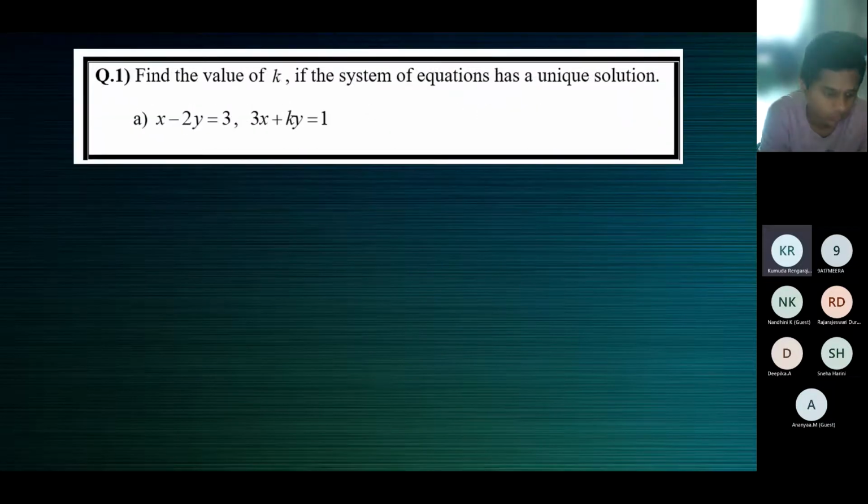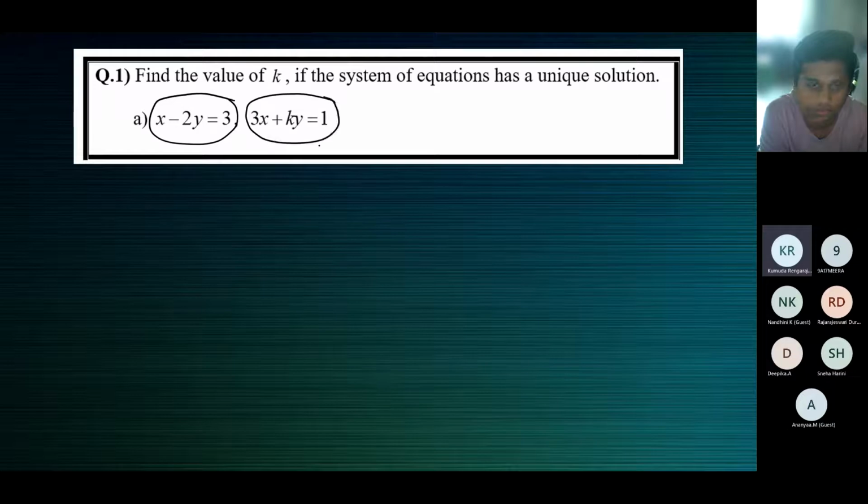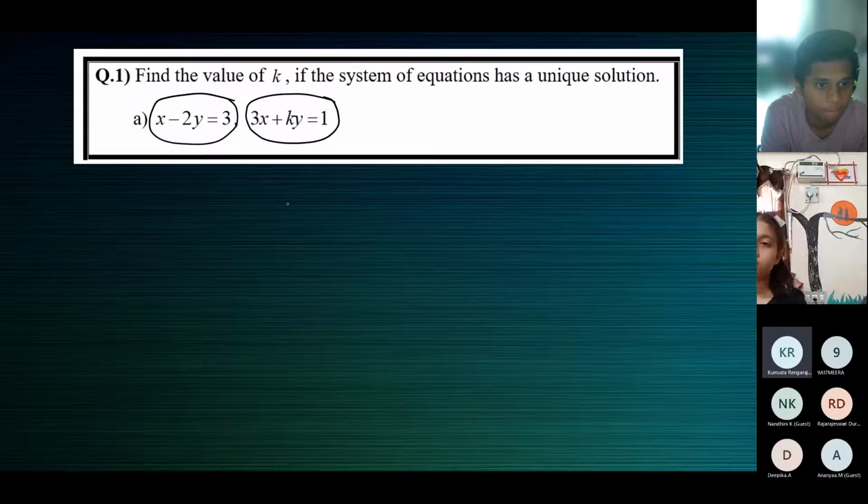This is the first one. You can see a pair of equations. You can see x minus 2y is equal to 3, one equation. 3x plus ky is equal to 1, the second equation. So you have a system of equations, meaning a pair of equations.